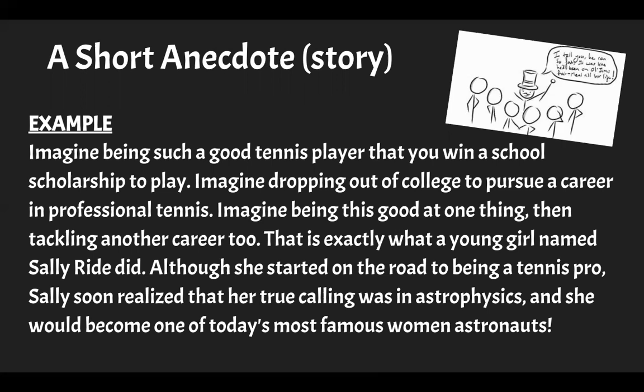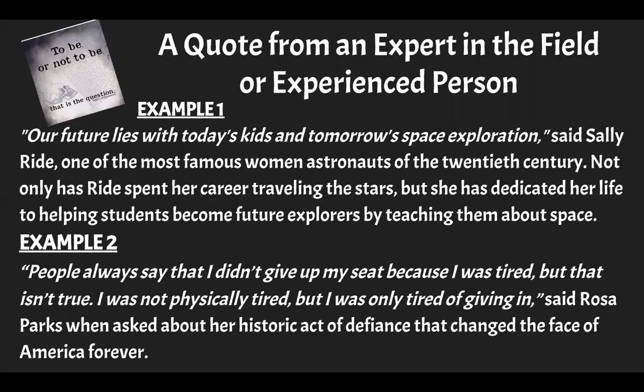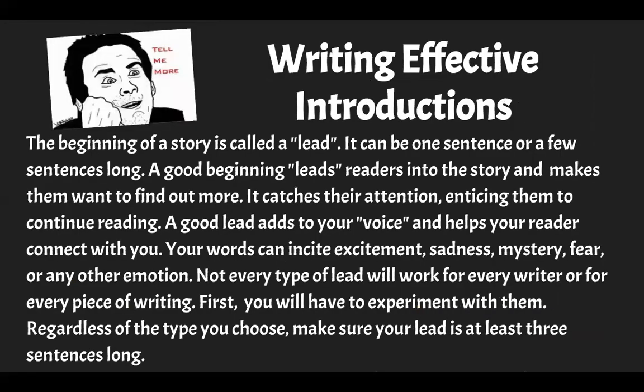So imagine this, imagine that, imagine that, and it makes you sit up and notice, well, what am I supposed to imagine next? Oh, nothing, because then it explains what it's talking about and why it's telling me that, because it's getting ready to tell me about a lady named Sally Ride, who was very good at tennis but became an astronaut instead.